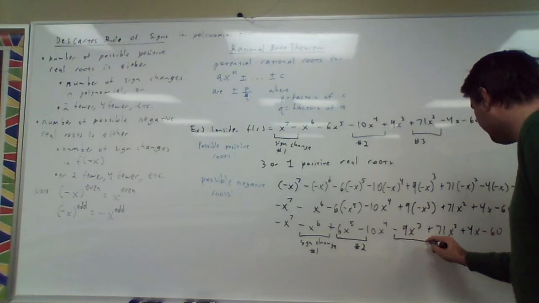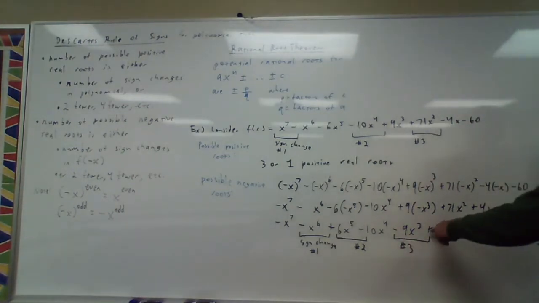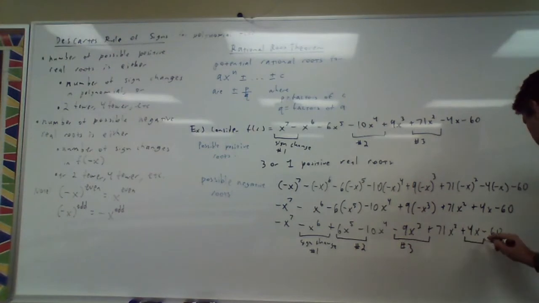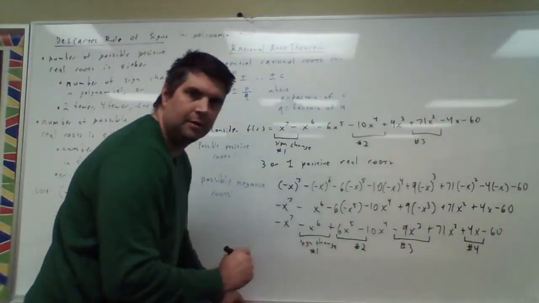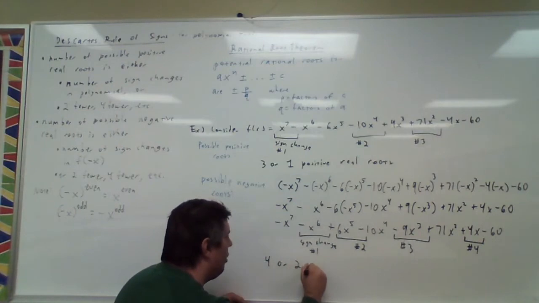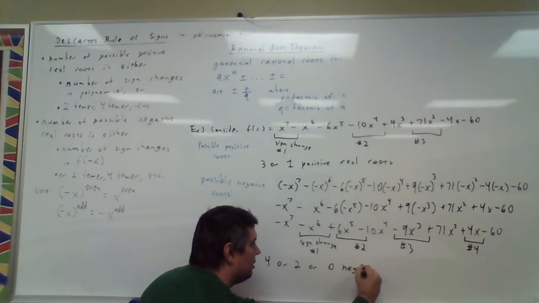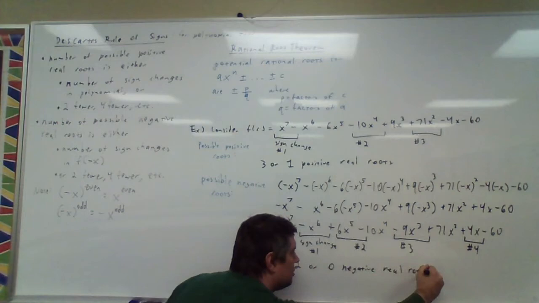Negative to positive, that's going to be sign change number 3. Then positive to positive, no change. Then positive to negative, that's number 4. So there will be 4 or 2 or 0 negative real roots.